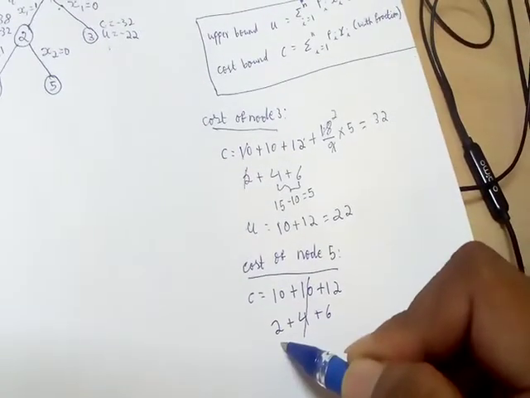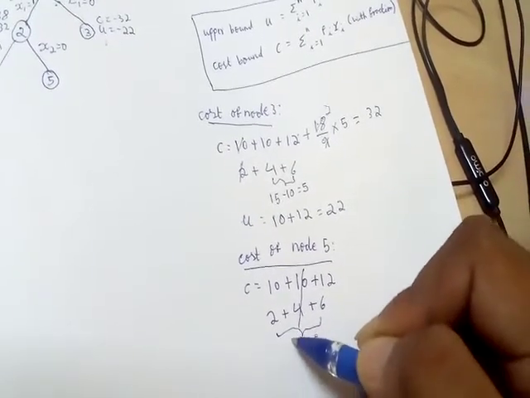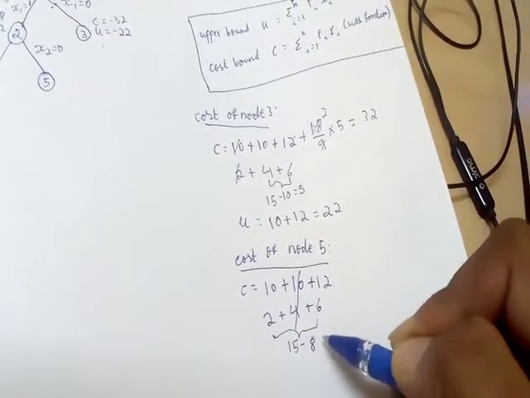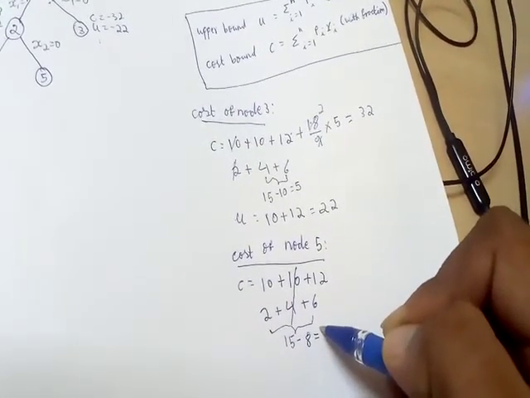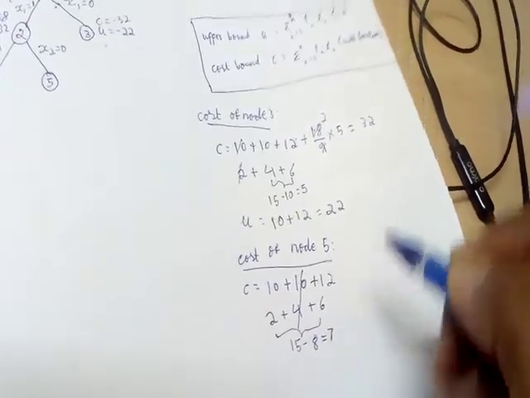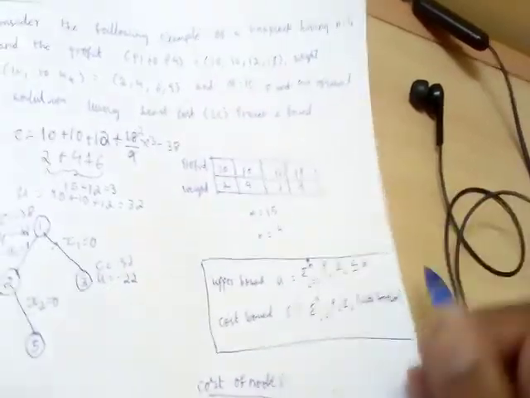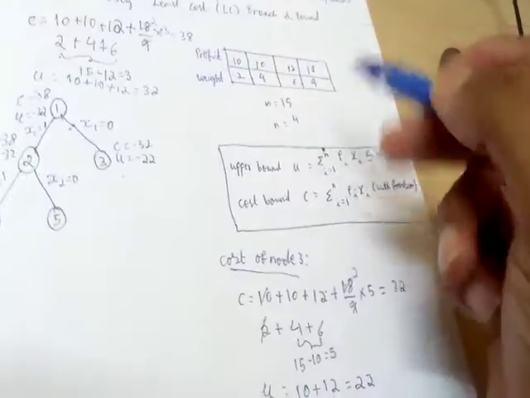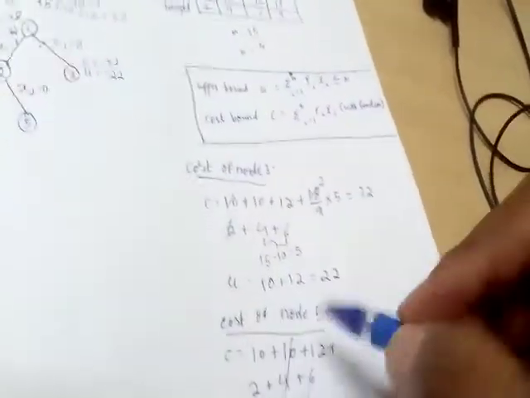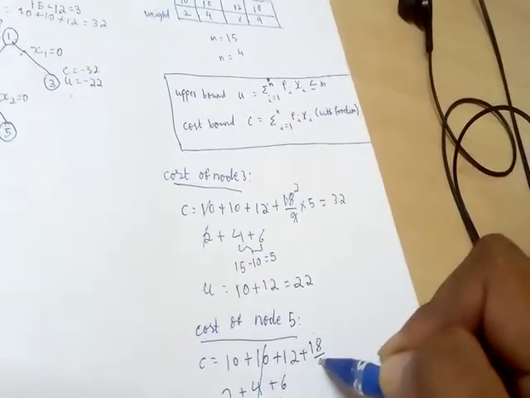So the total weight is now 8. So when I subtract the current weight of the knapsack from 15, I can add 7 more. So out of the total weight 9 of the fourth item, I can insert a portion of 7. So this I will represent by 18 by 9 into 7.